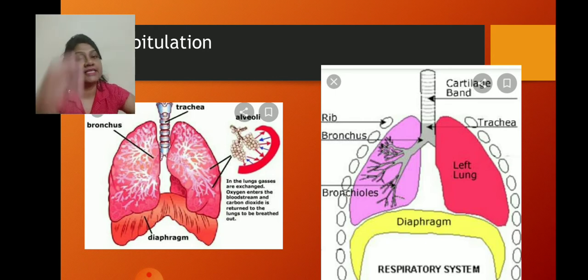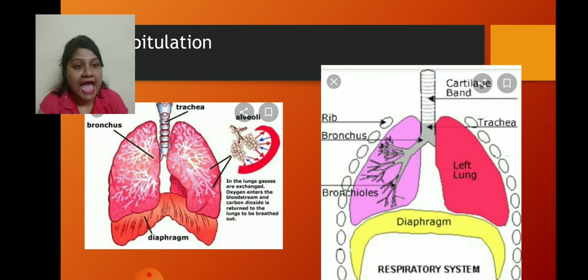Inside the bronchioles there are air sacs, or alveoli, where the exchange of gases takes place. And finally comes the diaphragm. It is a muscle that is used in the respiratory process, or respiration.